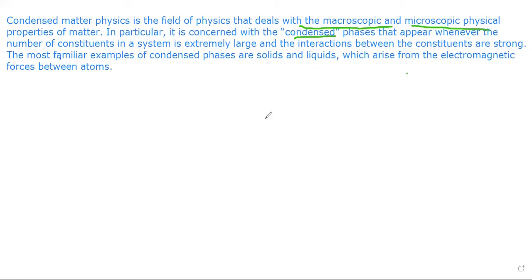But today, what we are going to do is understand the physics of solids without considering microscopic structure.